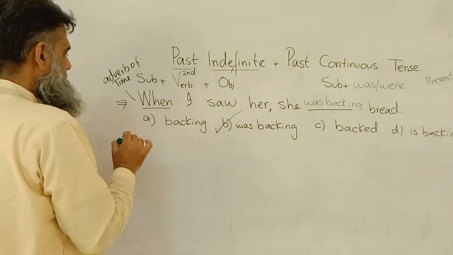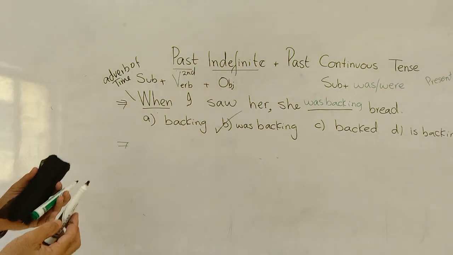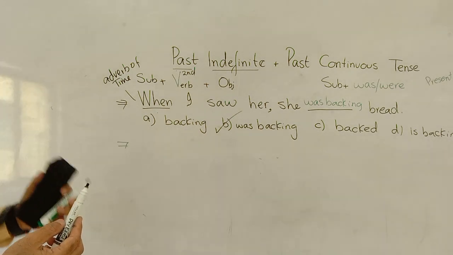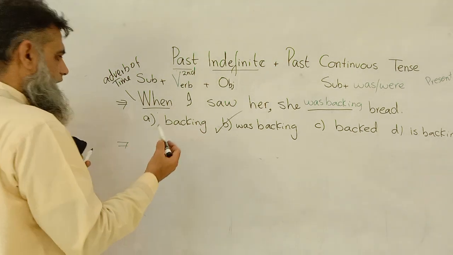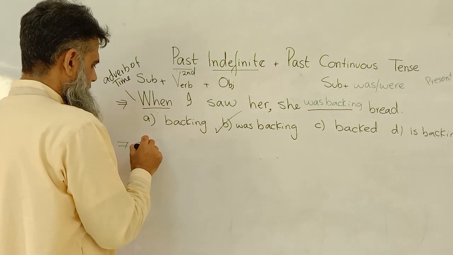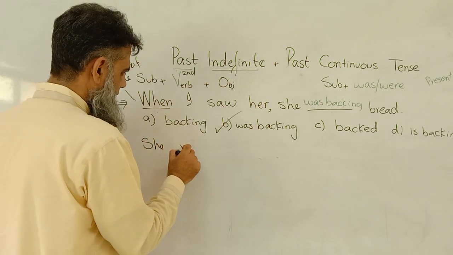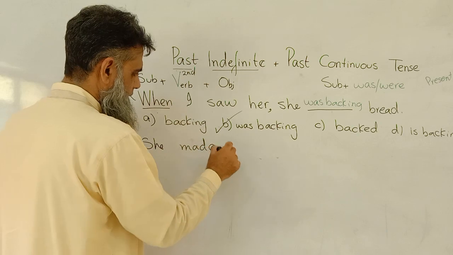Now see, sometimes we have past indefinite with the help of a conjunction, like she made tea.